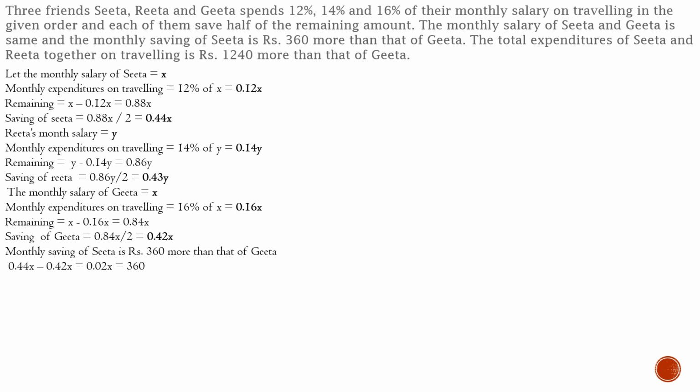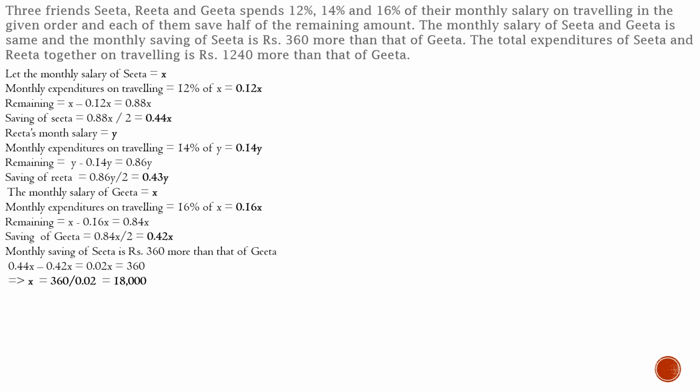Now, in order to find the x value, bring 0.02 to the RHS. So it will go to the denominator. So x will be 360 divided by 0.02. So 18,000. So this is the x value, that is the monthly salary of Sita.